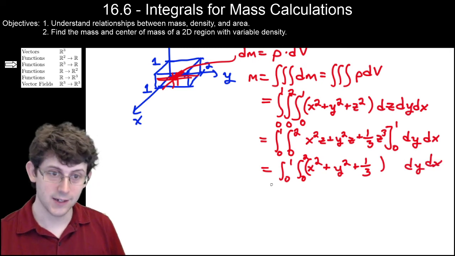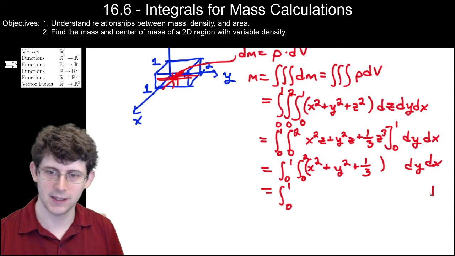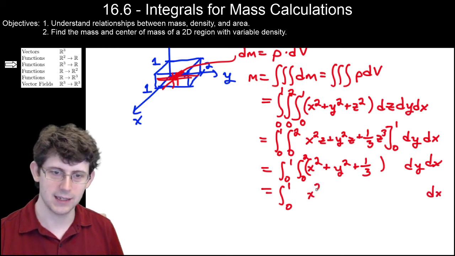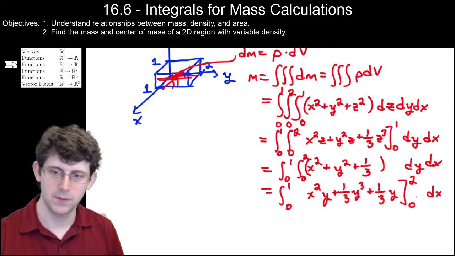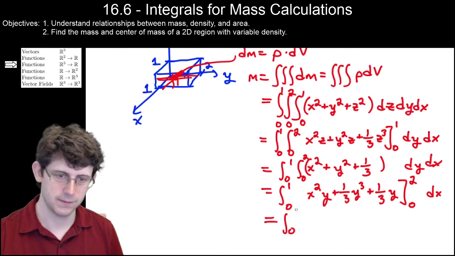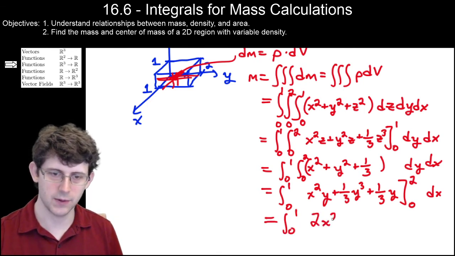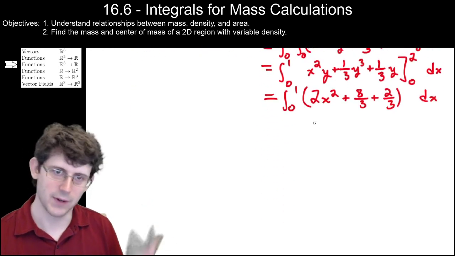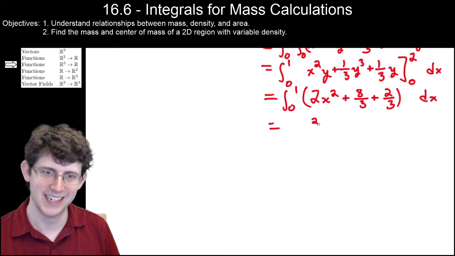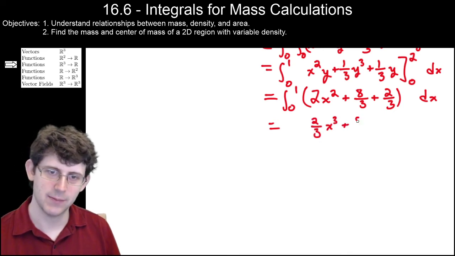Then I can do the y integral. I'll wait to do the x integral until later. The y integral gives me x squared y, a third y cubed, and a third y. Go from 0 to 2. Plug in 2 for y. I get 2x squared plus 8 thirds plus 2 thirds. I could combine 2 thirds and 8 thirds, but whatever, I don't care. Do this integral. Get 2 thirds x cubed plus 8 thirds x plus 2 thirds x.